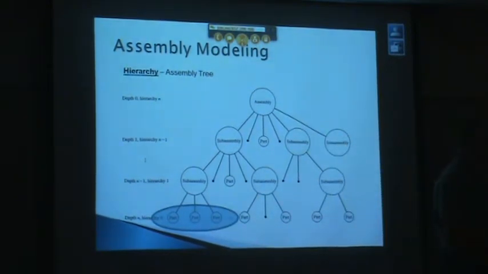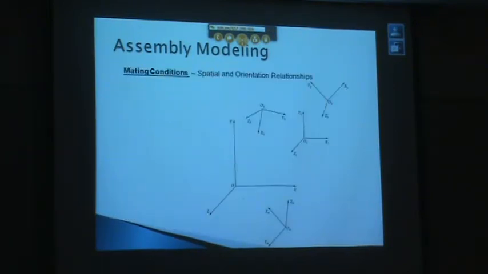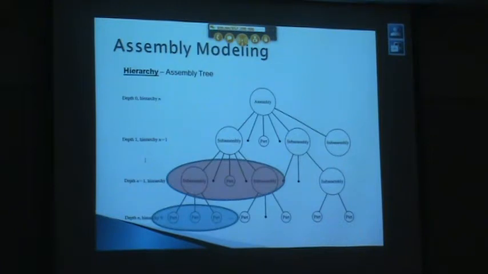Those parts are then collected into an assembly, generally referred to as a sub-assembly. And those sub-assemblies may be collected with other parts into other sub-assemblies and eventually to the overall master assembly.